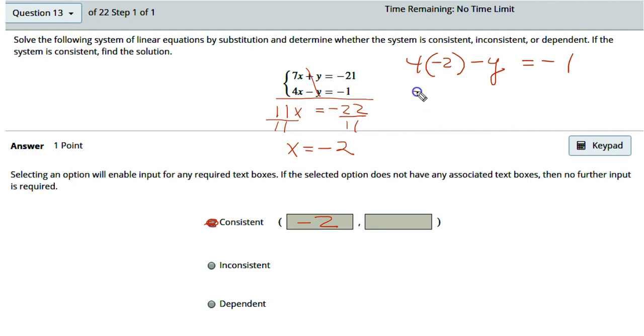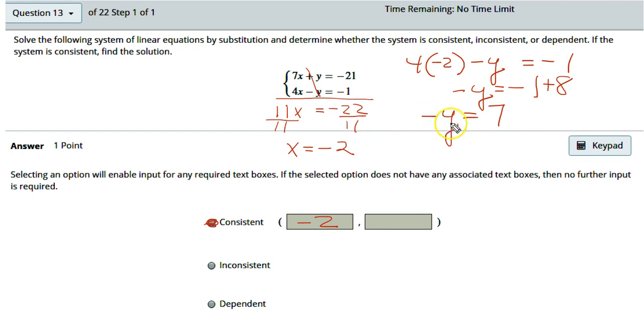So this is negative 8 minus y equals a negative 1. We're going to transpose the negative 8 to this side where it becomes a positive 8. And now I end up with negative y equals 7. Negative 1 and an 8 gives me a 7.